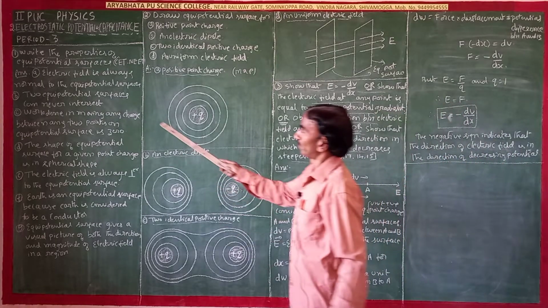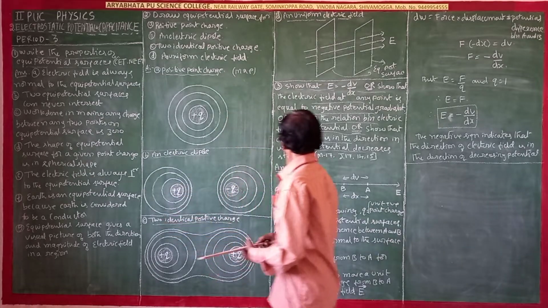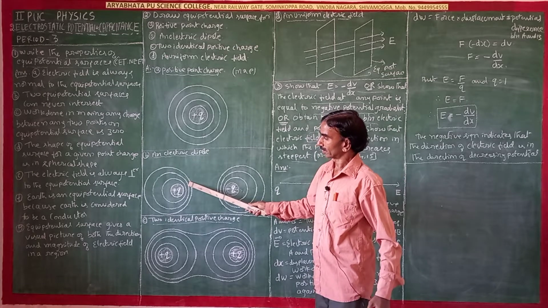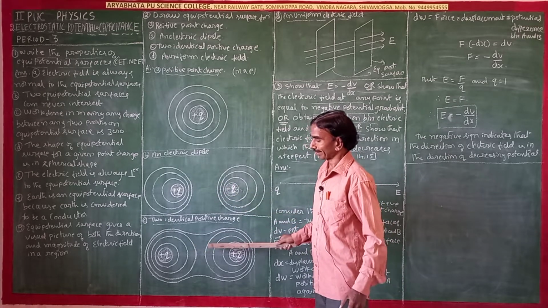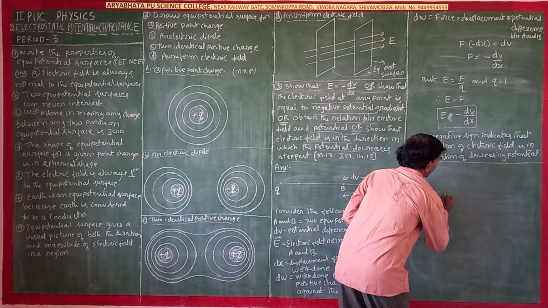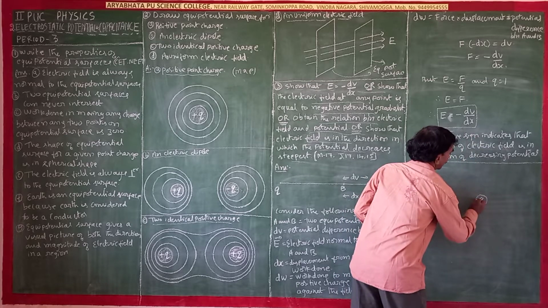And two, equipotential surfaces can never intersect. You see here, this is an equipotential surface, this is another equipotential surface. These two never intersect. Suppose there is one charge Q, another charge is there, and a positive charge is there.